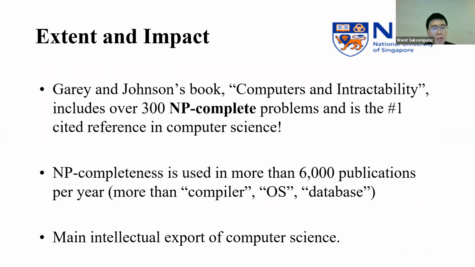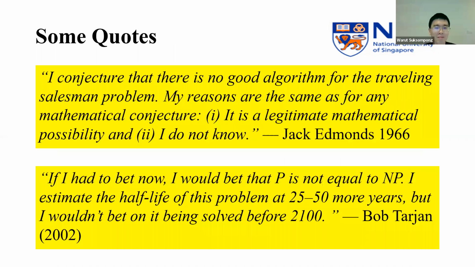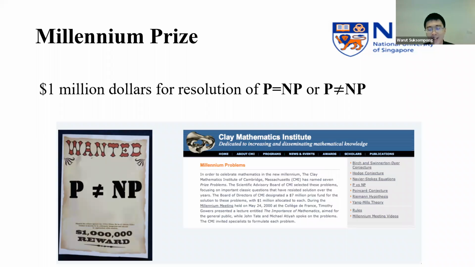Still, no one knows. Most people believe that they're not equal, because if P equals NP, that would mean every problem in NP can be solved in polynomial time. So all these problems like SAT, vertex cover, subset sum can be solved in polytime.